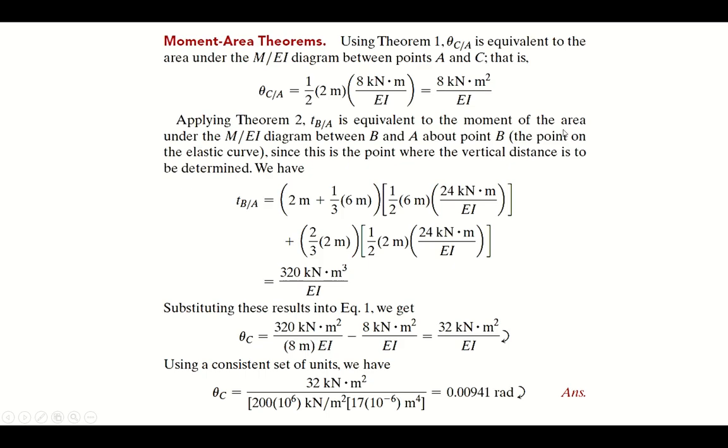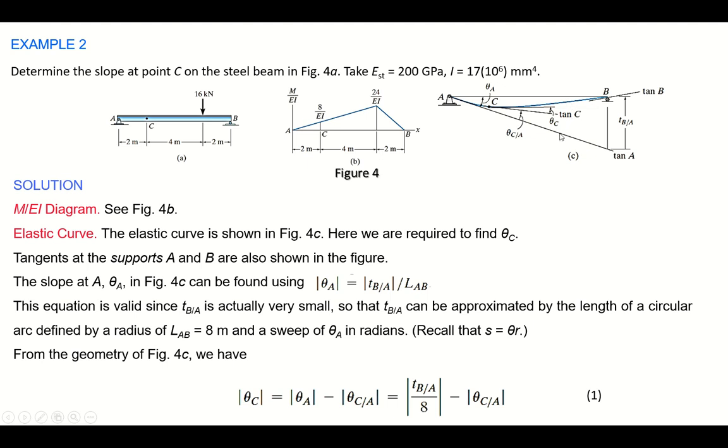So this whole angle is theta A and this is theta C by A. So you can find this theta C by subtracting this theta C by A from this theta A, right? And this will be equal to theta A, which is t B by A divided by 8, the length of the beam, minus theta C by A, and this is our equation 1, which is for theta C in terms of theta C by A and t B by A.